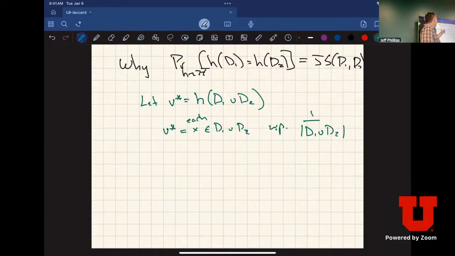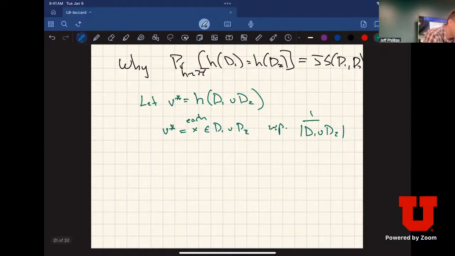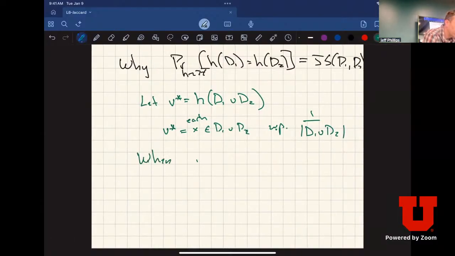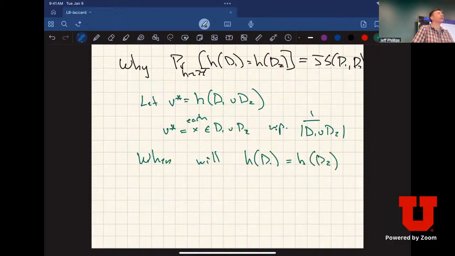And so they match if this is the same in both sets. When will it be the same in both sets? When will H of D1 equal H of D2? When they're the same, but in particular in this case, which happens if and only if V star is in D1 and V star is in D2.